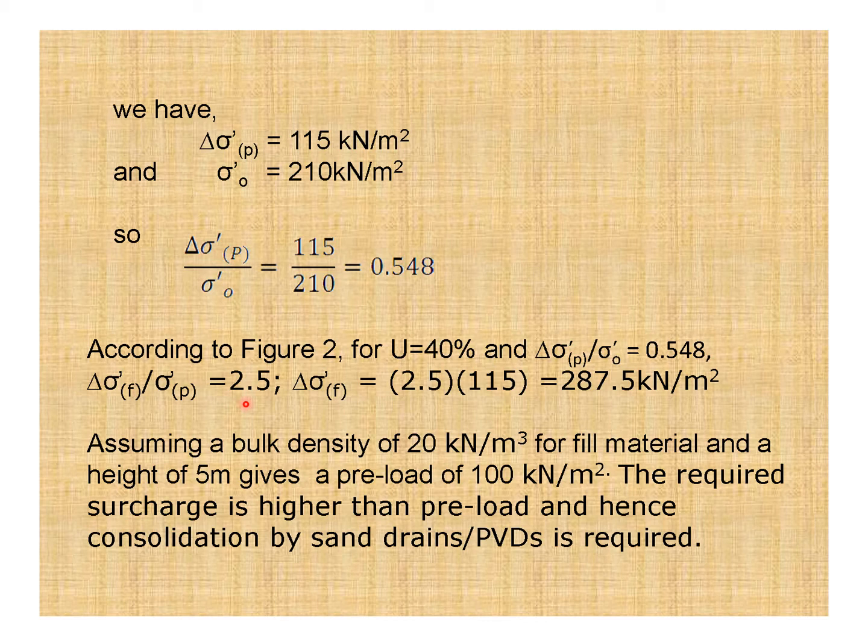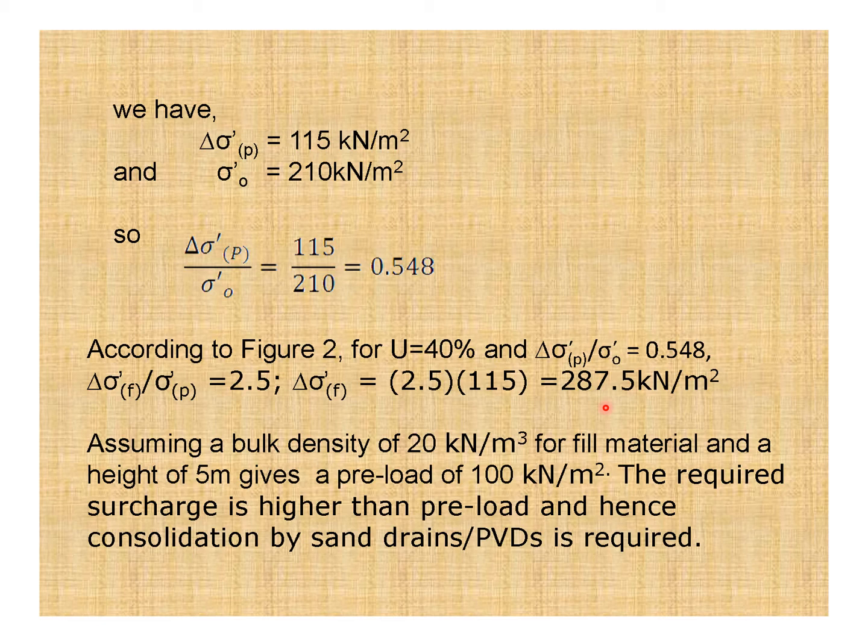And from here you can see that obviously this will be equal to 2.5 multiplied by delta sigma dash P, and you know delta sigma dash P is 115. So in this way we have got this much, delta sigma dash F.